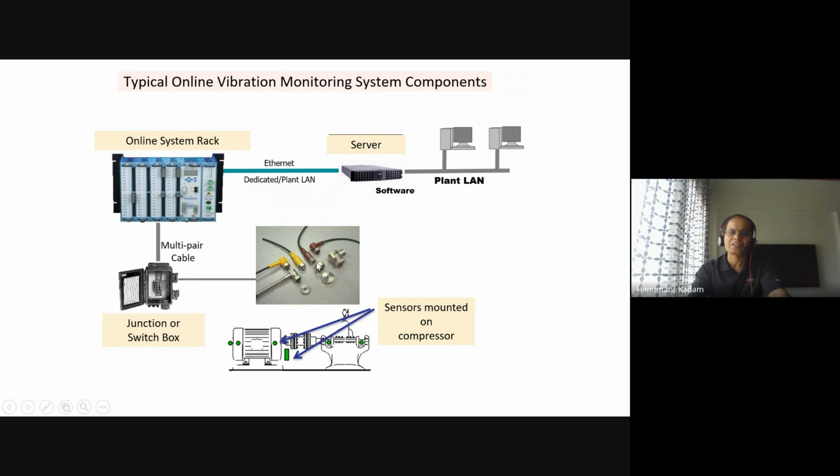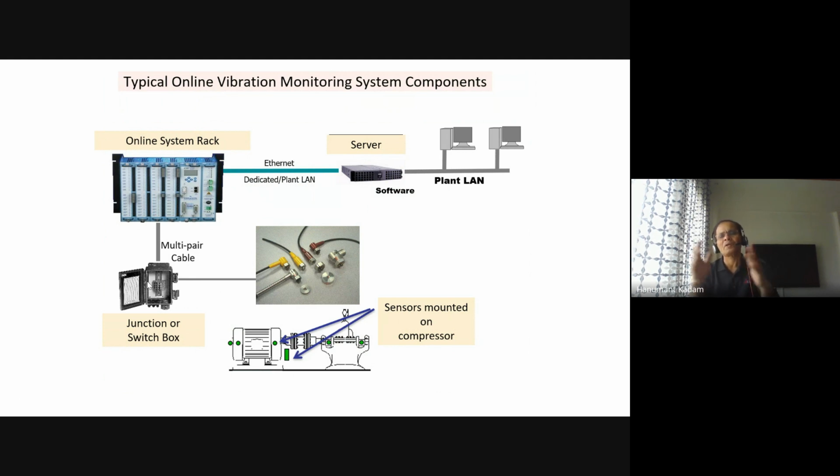These are the sensors mounted here, and the sensors go through this multi-pair cable junction box to this rack. I have shown one rack of Bentley Nevada. So this is the rack where the sensor data goes for each individual location, meaning axial, radial, and various other locations.